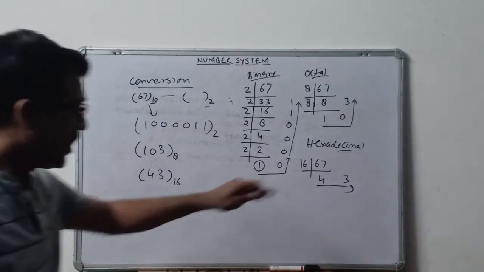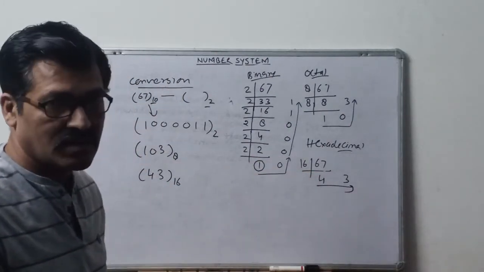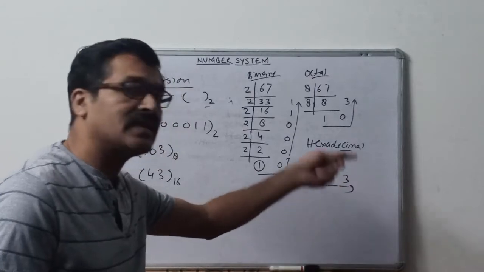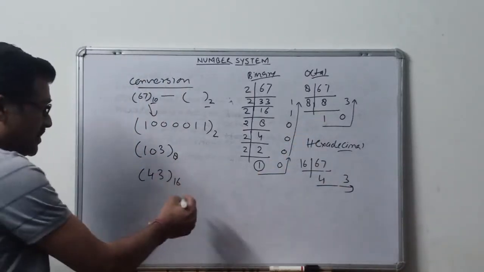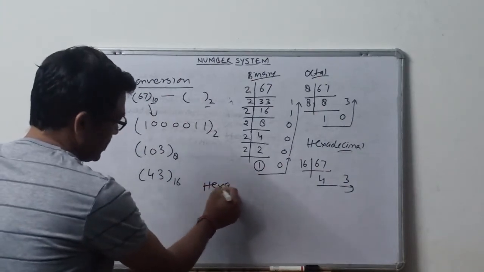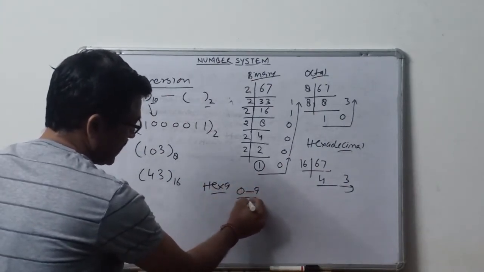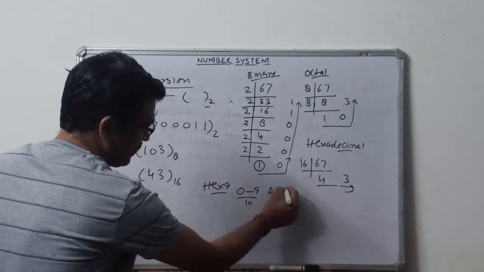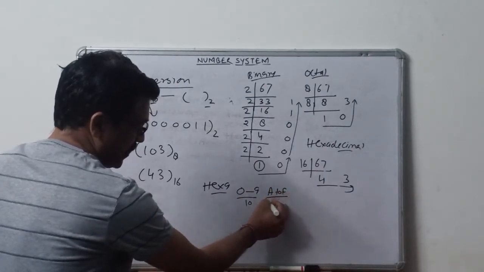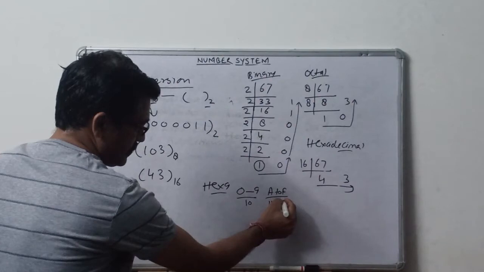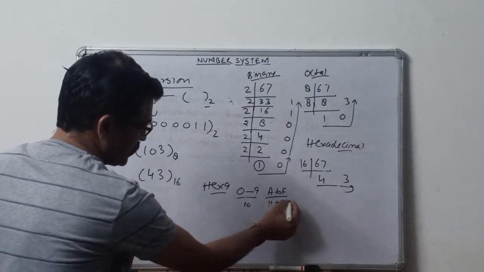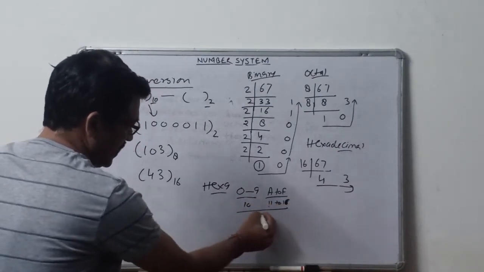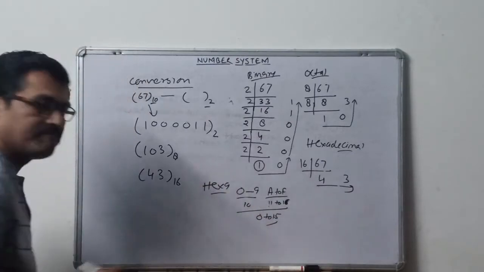In case of any division, if the remainder is more than 9, because hexadecimal numbers having 0 to 9 digits, these are 10, and A to F alphabets. These are from 10 to 15.